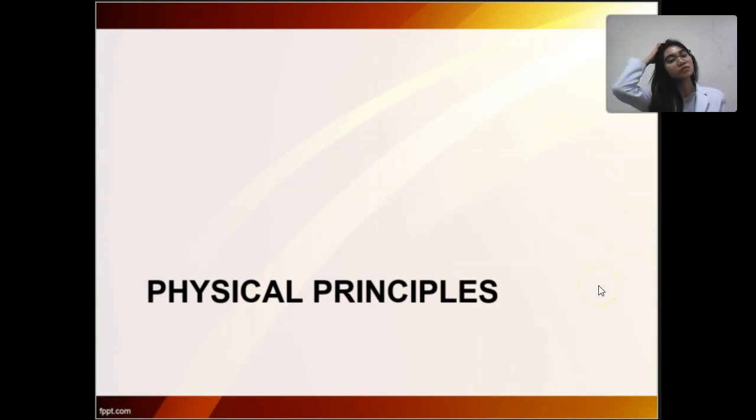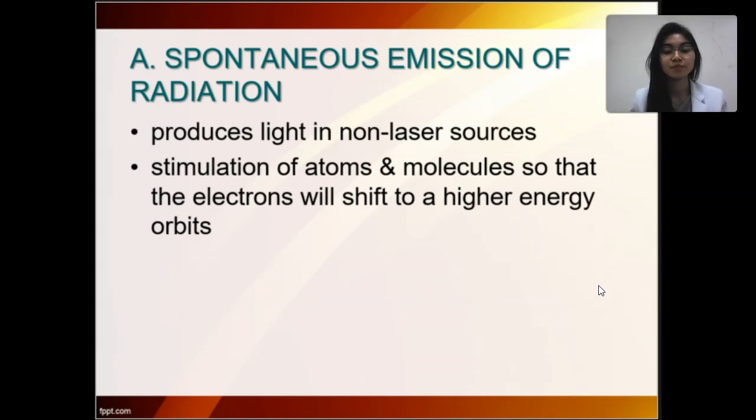Physical principles. One of the physical principles of your laser is the spontaneous emission of radiation. So this produces light in non-laser sources, and stimulation of atoms and molecules so that the electrons will shift to a higher energy orbits.